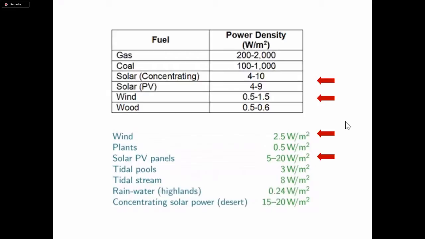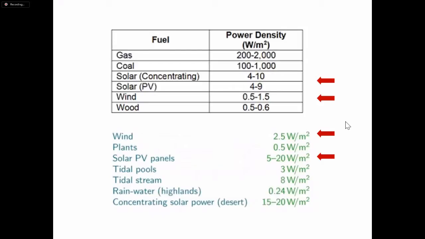Solar is about 10 or 15. But here it says two numbers, which means about 7 to 8 watts per square meter. That is because the typical solar PV panels are more spread out.